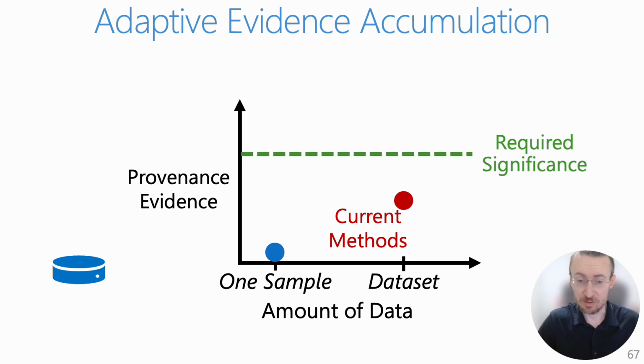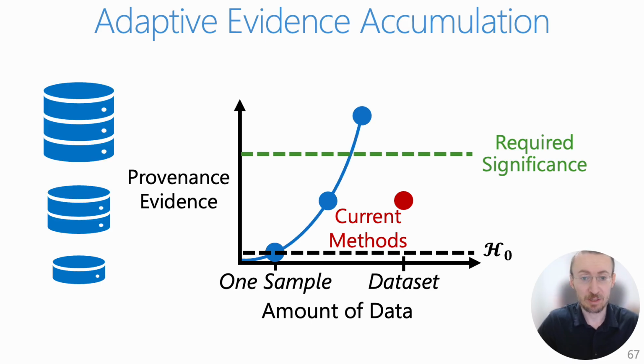If the null hypothesis holds, meaning that data was not used during training of this model, then the evidence should remain small. But if the data was used during training, then we can collect more data and stronger signals to accumulate more evidence until we reach the required significance level. So the final outcome should be a method which is practical and can provide us valid statistical guarantees at any point in the process.